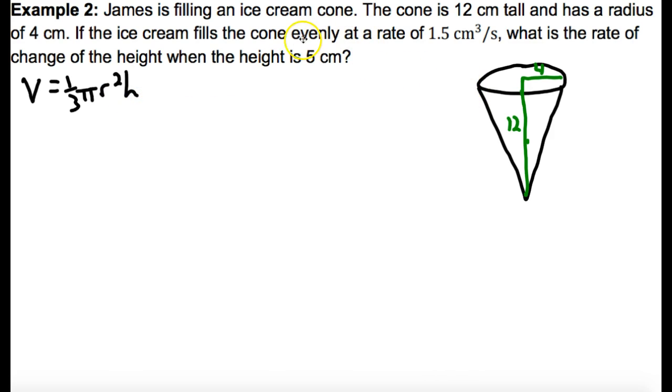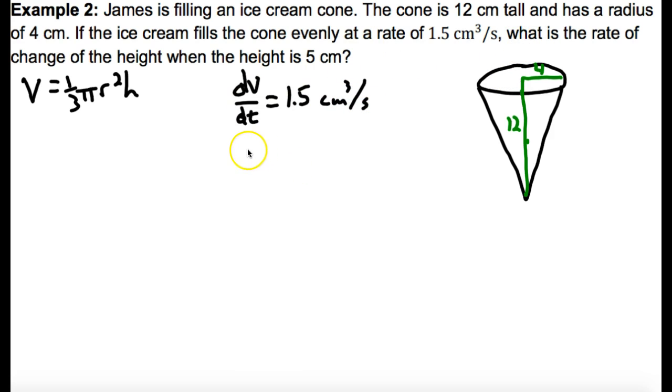Let's take a look at what else we know. It says if the ice cream fills the cone evenly at a rate of 1.5 cubic centimeters per second, what is the rate of change of the height when the height is 5? So here we're given the rate of change of the volume. I know that dV/dt is 1.5 cubic centimeters per second.